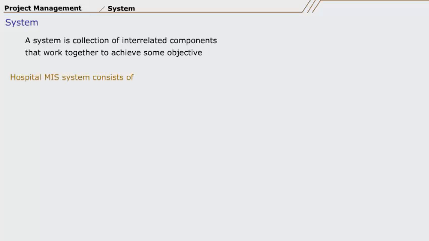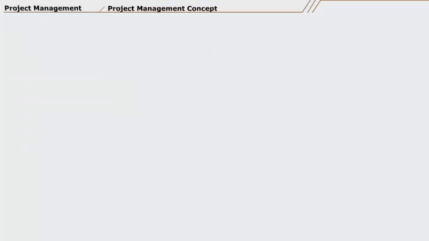This MIS system will consist of employee record, patient record, billing, and medicine record. Management of the hospital can determine the progress of the hospital from all this information and take necessary steps for improvement. A large software system needs to be managed efficiently and effectively.